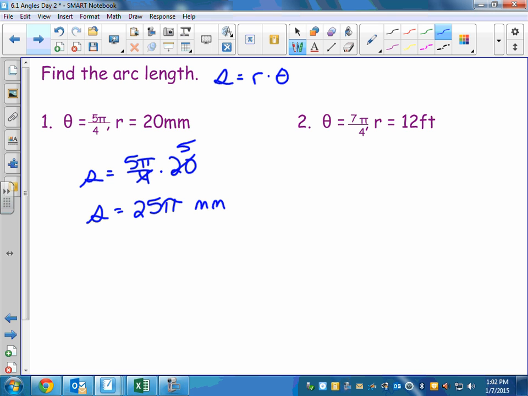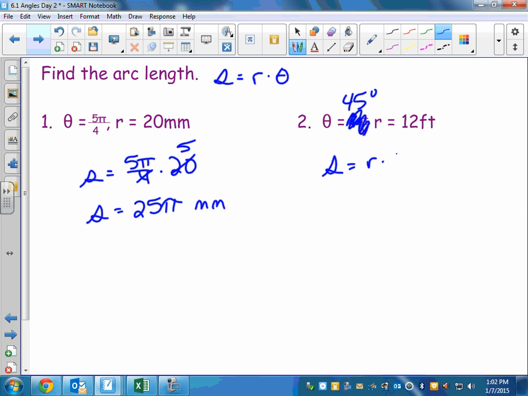The only thing that could make that more tricky is, let's actually change number 2. If this said theta equals 45 degrees, let's make it say that instead. The big mistake that happens is that people take 45 times 12 and get the wrong answer, because theta has to be in radians.